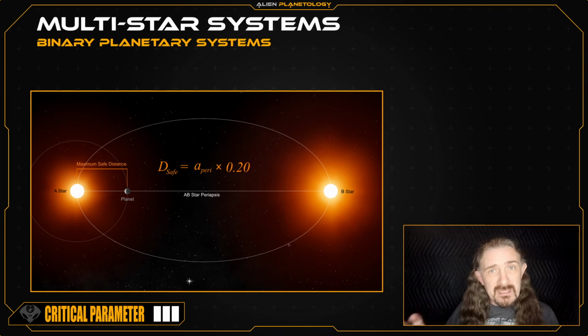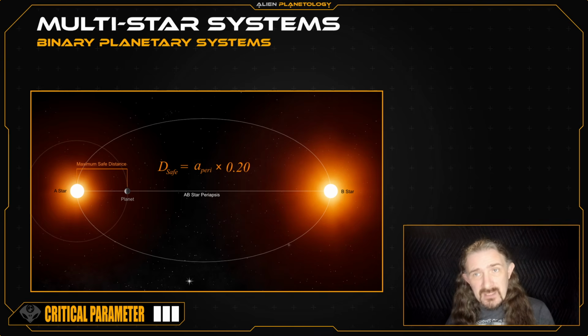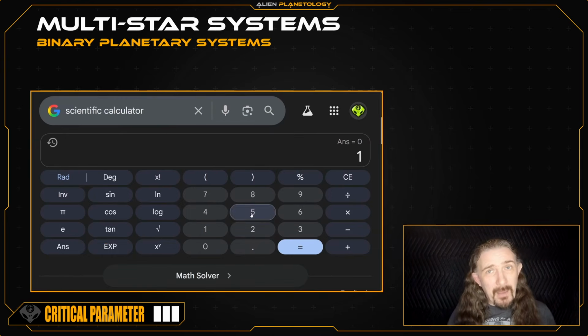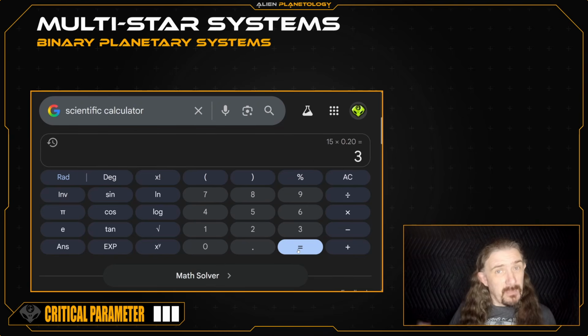So for example, say we had 2 stars with a periapsis distance of 15 astronomical units. We would multiply that distance by 0.20, the equivalent of 20%, to get the maximum safe distance that a planet could orbit from either of those stars. In this example, that would be a maximum of about 3 astronomical units.